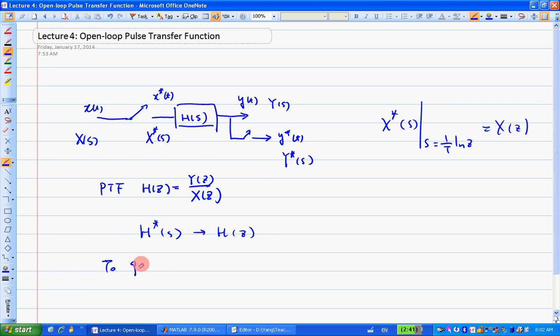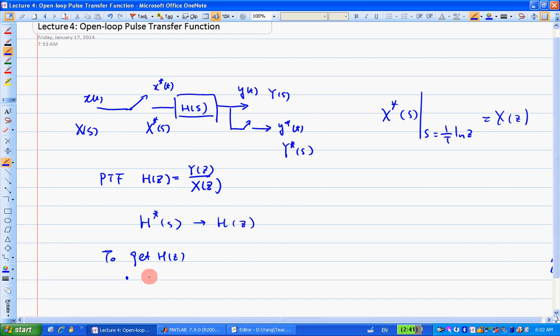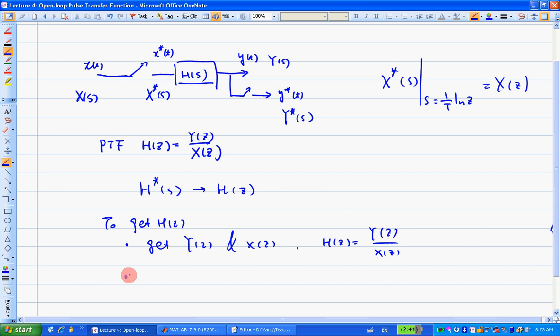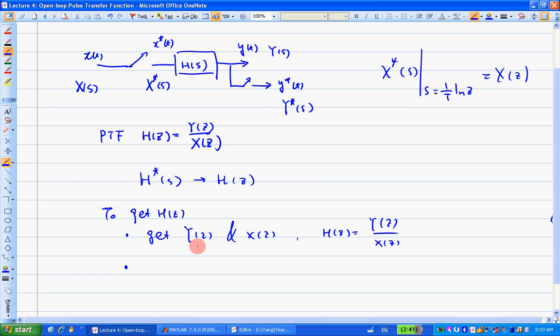To get h of z, you can either get y of z and x of z, and then h of z equals the ratio. So that's one way of doing it. But this is not very efficient, because sometimes it's not easy to get y of z and x of z just based on the signal. The other way is to go from h star of s to h of z.